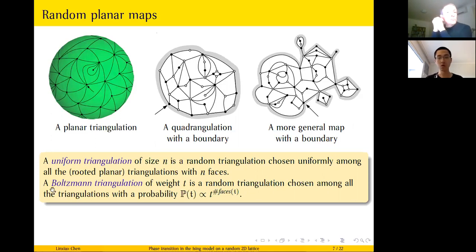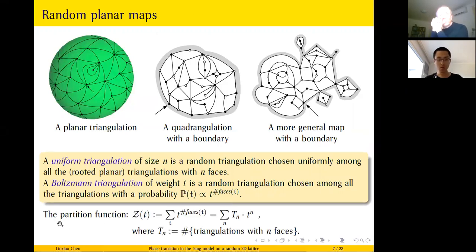And what I will call a Boltzmann triangulation is basically you relax the constraint on the size of a uniform triangulation, and you replace it with this probability of choosing a triangulation. The probability of choosing a triangulation is some parameter t to the number of its faces, so basically to the power of its size.